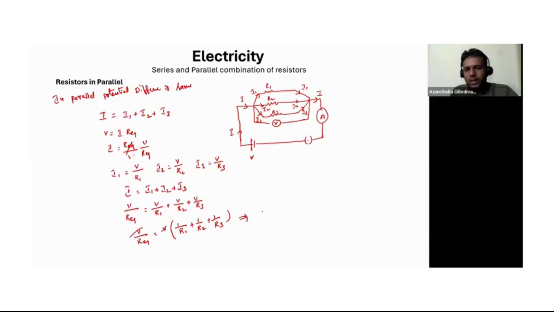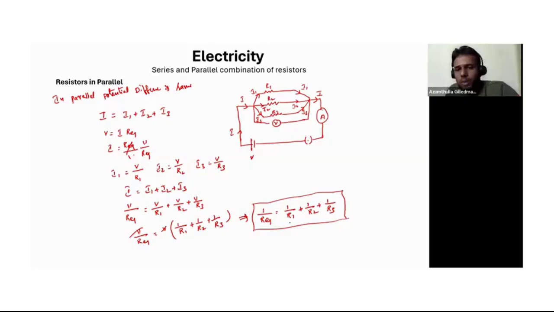Therefore, I can write 1 by R equivalent equal to 1 by R1 plus 1 by R2 plus 1 by R3. So this is the formula for equivalent resistance for the resistors when they are connected in parallel.